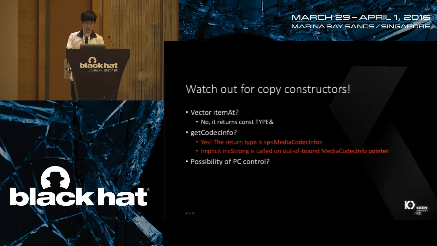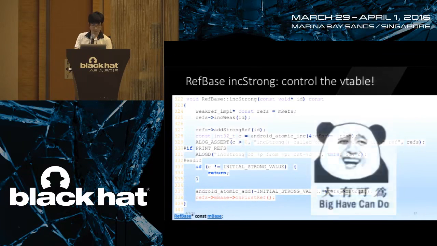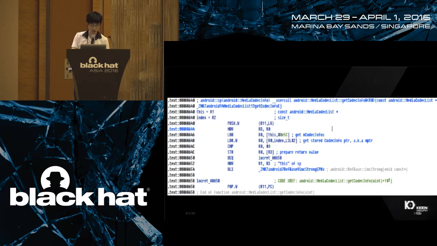So we can see there is a possibility of PC control here. In line 338, there is a call to refs, mBase, and onFirstRef, and onFirstRef is a virtual function, so it shows us a possibility of PC control.